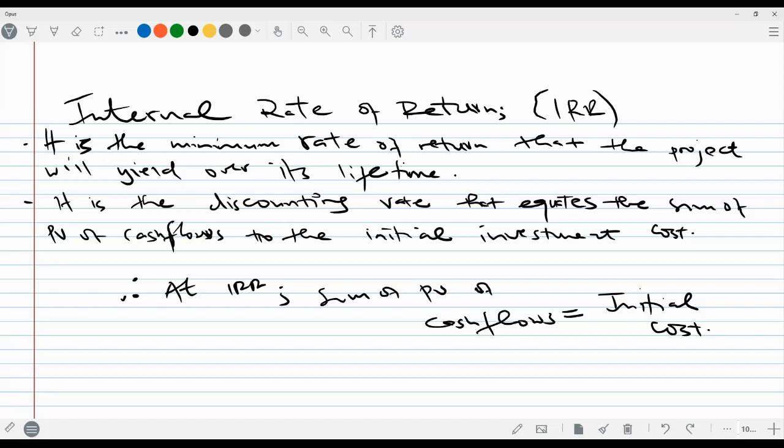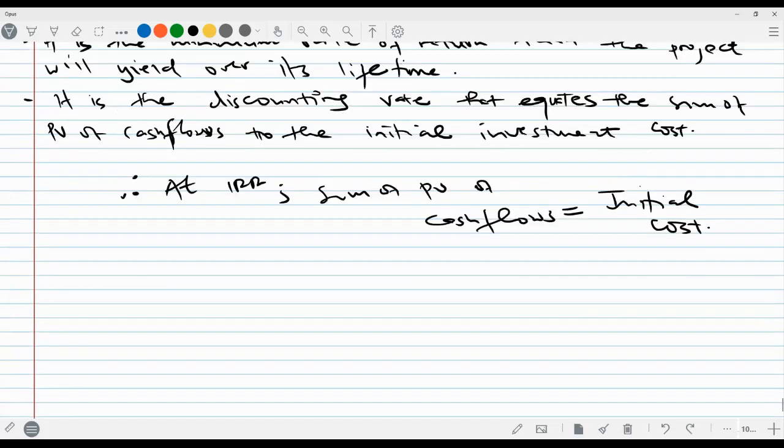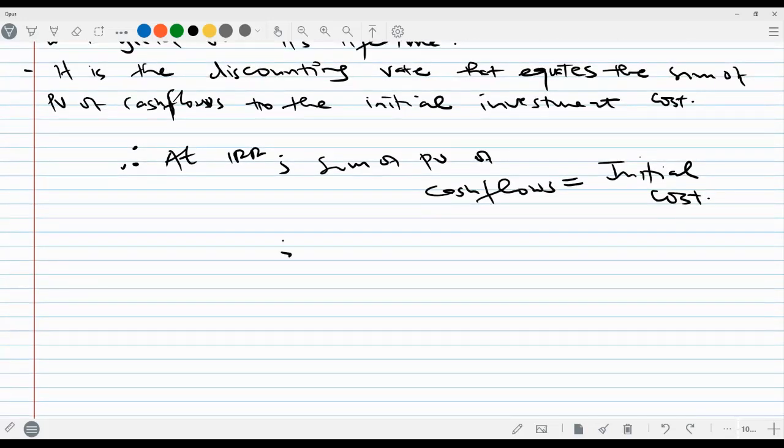Therefore, at IRR, what is net present value, NPV? Zero. Of course, it is zero. Therefore, we can say NPV is equal to 0 at IRR.